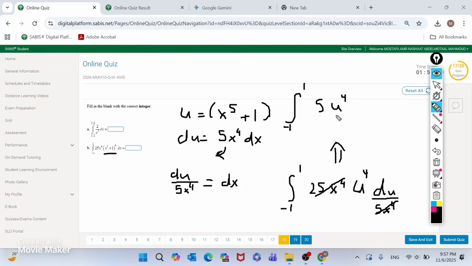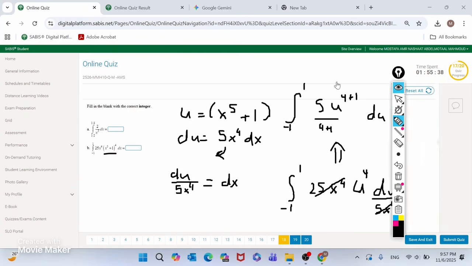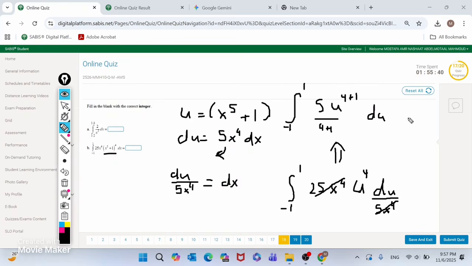Okay, so 5u to the power of 4, the integral of that is gonna be plus 1, 4 plus 1 du. Okay, so now we have 5 u to the power of 5 over 5.